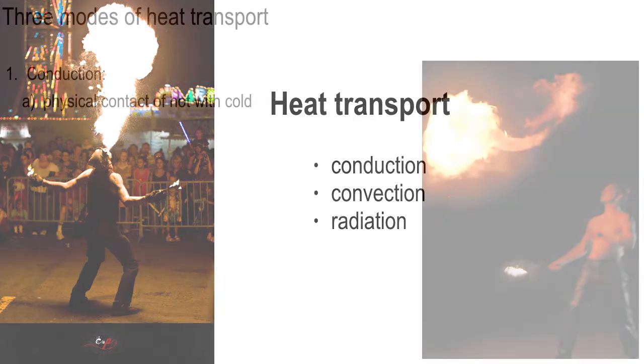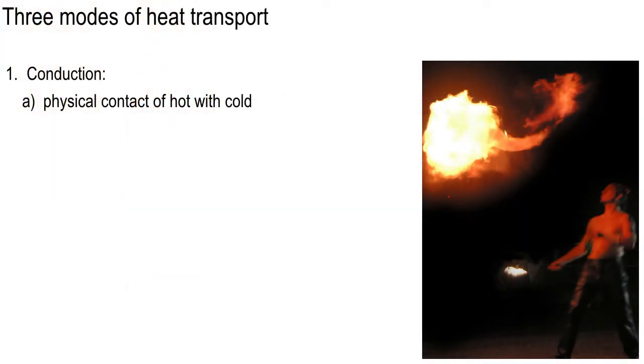Cool. Now, what we just discussed is the idea of conduction. Physical contact of hot with cold. Now, the part of kerosene that's flammable is the vapor. When it comes out of your mouth, you're trying to vaporize it. You spurt it out, right?